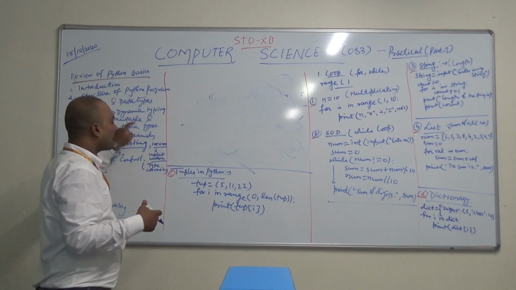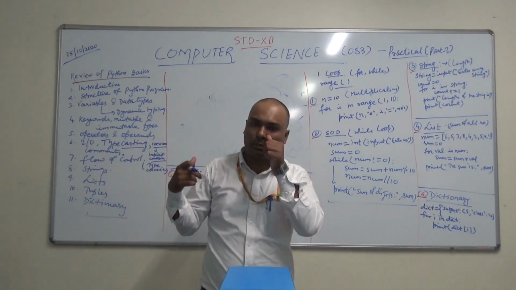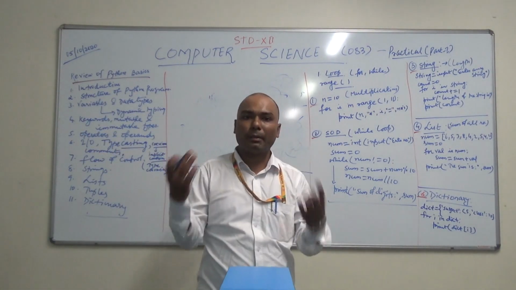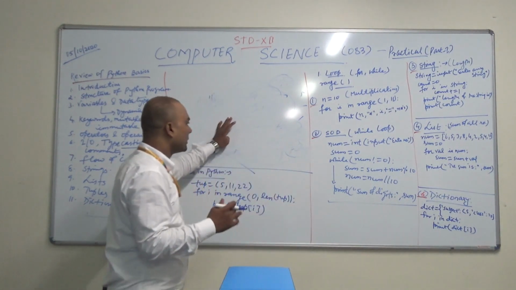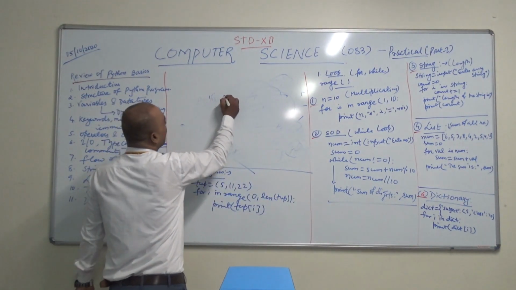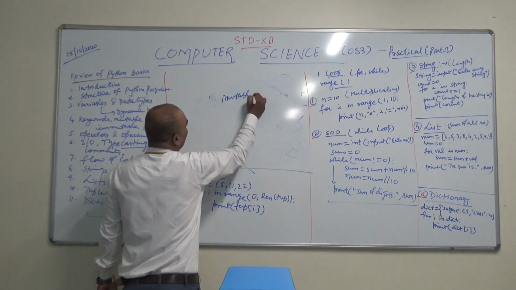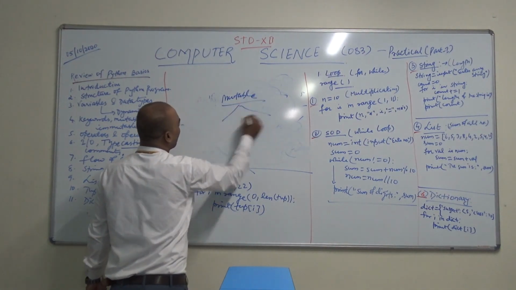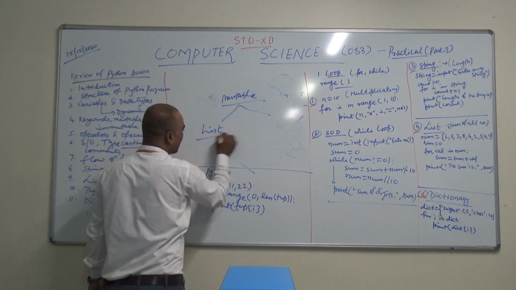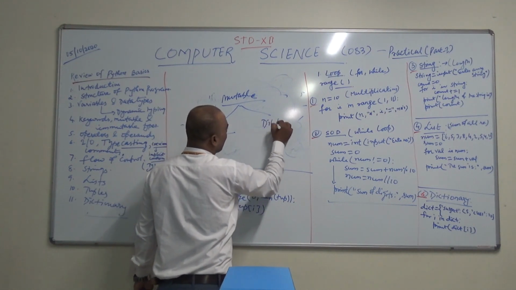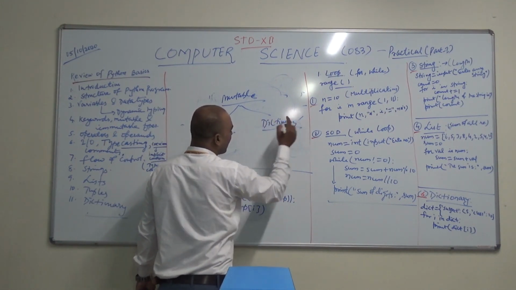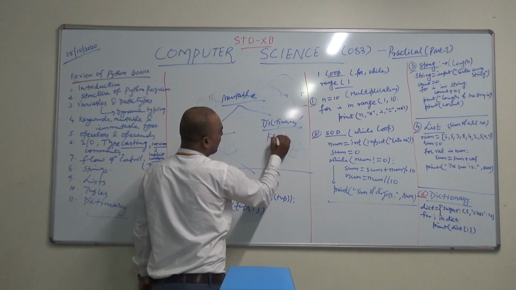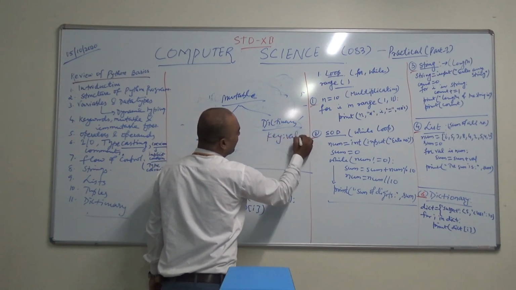Okay, so the second part is mutable and immutable types. Mutable means changeable, that means editable, that means the possibility of changes is there. Two data types are mutable here. One is the list data type, and the second is the dictionary. In a dictionary, generally we see that a key and value pair is there.